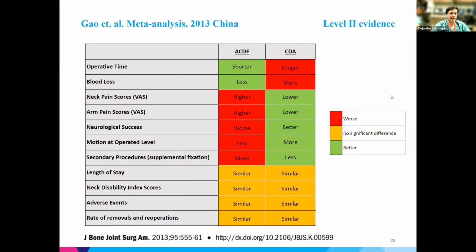However, there was benefit in neck pain scores, arm pain scores, neurological success, motion at the operated level, and less secondary procedures such as supplemental fixation during the time of follow-up in these studies that it collected. It had similar length of stay, neck disability index scores, adverse events, and rate of reoperations or removals of the disc.